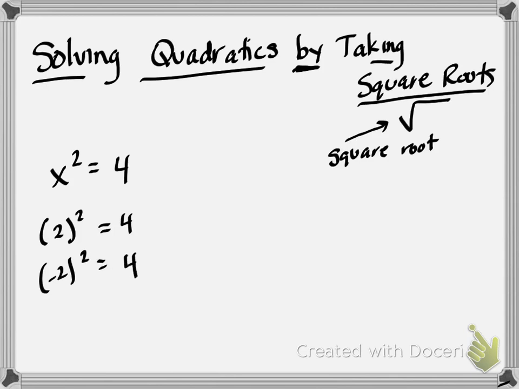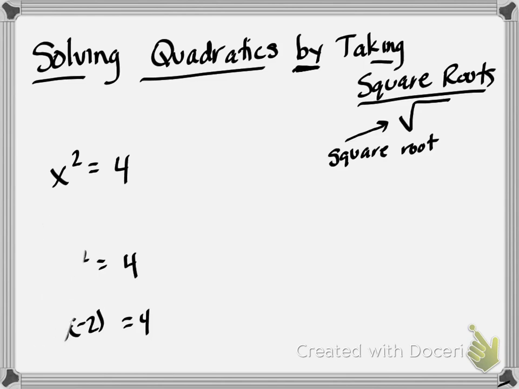If I plug positive 2 in and square it, that gives me 4. And if I plug in negative 2, squared is negative 2 times negative 2, which is also positive 4, because a negative times a negative is a positive.